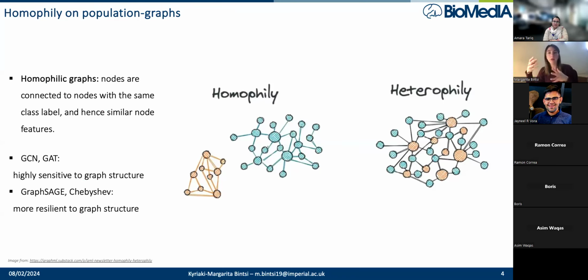While in heterophilic graphs, the nodes are connected not only to nodes with similar labels. And this can work okay for some GNNs that are more resilient to the graph structure, for example, GraphSAGE, but there are some other graph neural networks, such as GCN or GAT, for example, that are more sensitive to the graph structure, and they are highly affected by this.